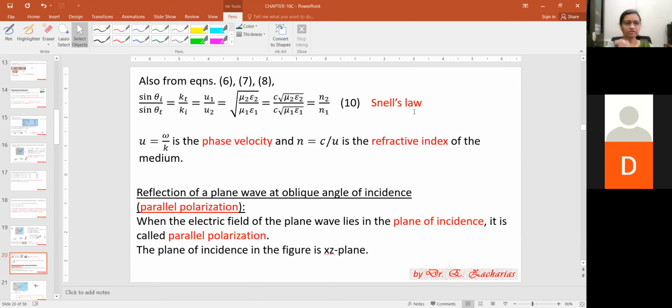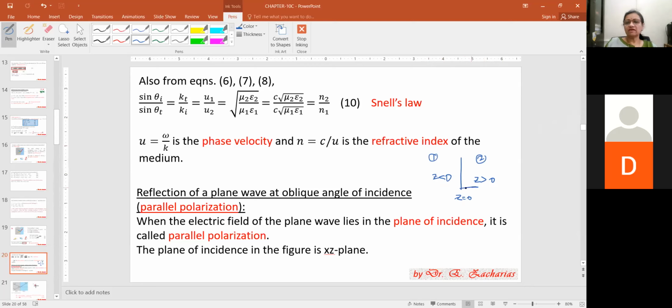Before that, I have already defined something called the plane of incidence. Let us see what the plane of incidence is. Let us say that this is z equal to 0, z greater than 0 is medium 2 and z less than 0 is medium 1. Now let us fix my xyz coordinate system.